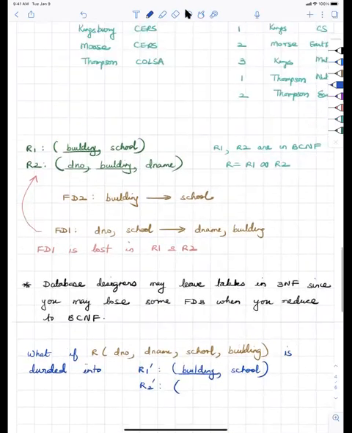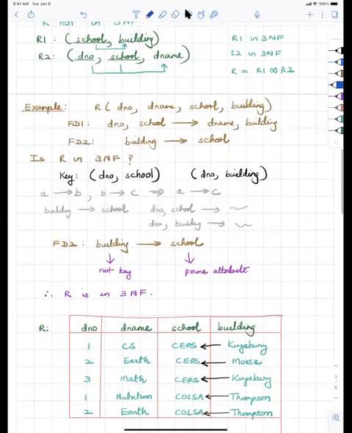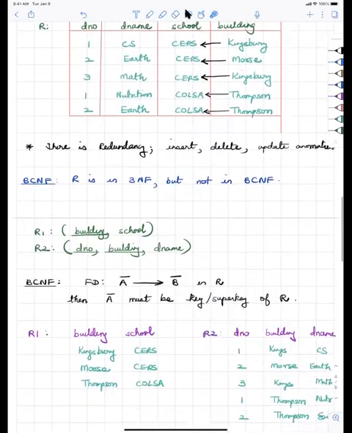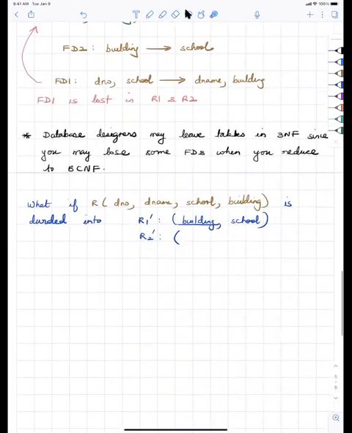Because after all, the original key was D number and school. D number and school gives D name and building. So why don't I just bring that down out here? Because after all, that is the key.